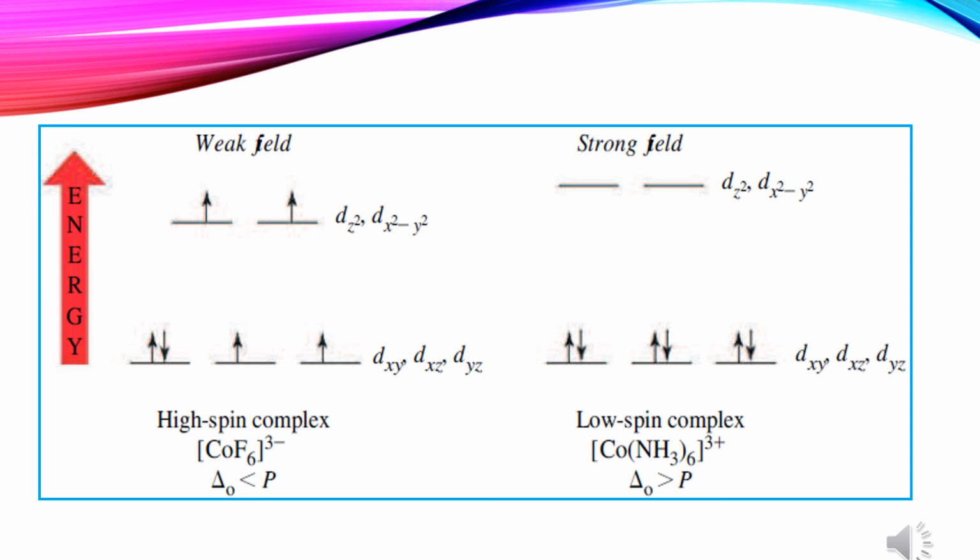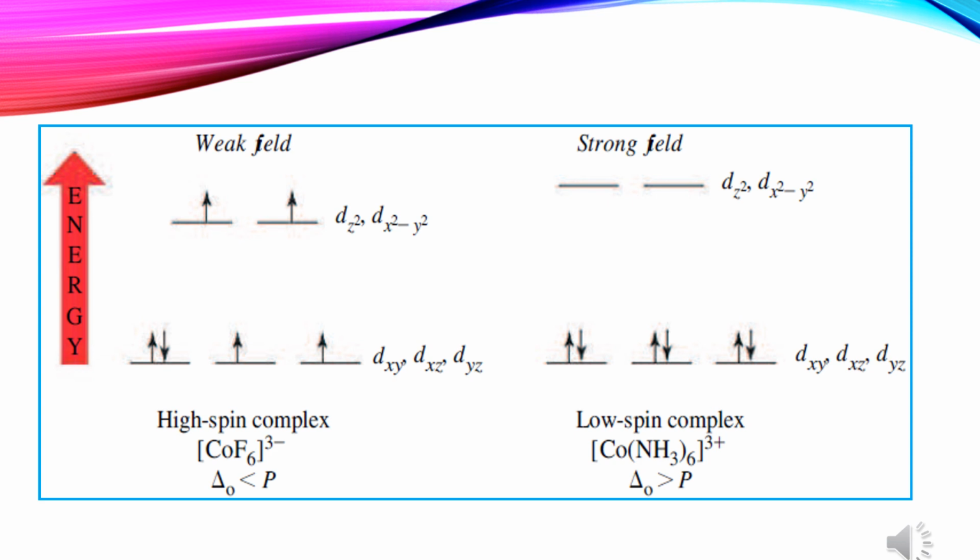The choice between high spin and low spin configurations for octahedral d4, d5, d6 or d7 complexes is easy. All we have to do is compare the energy it takes to pair electrons with the energy it takes to excite an electron to the higher energy eg orbitals.